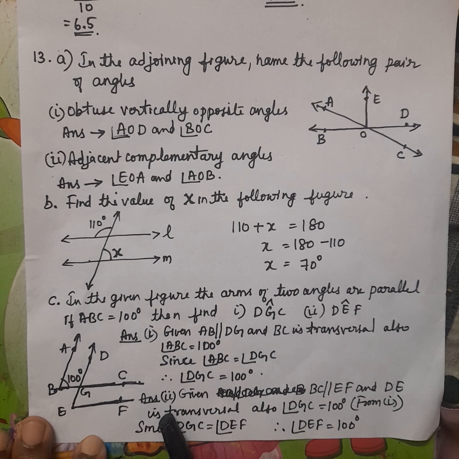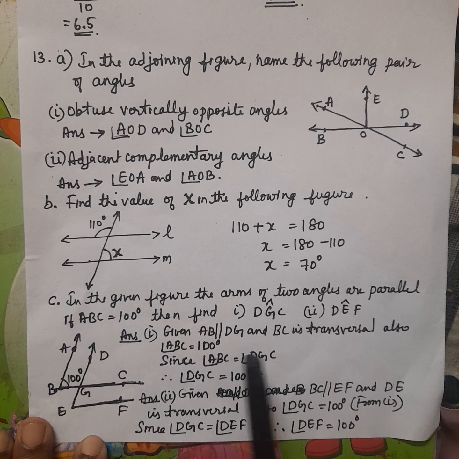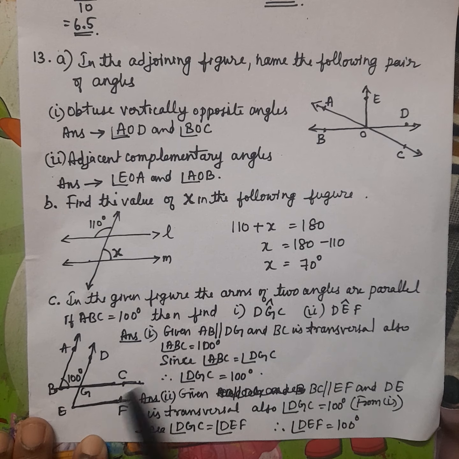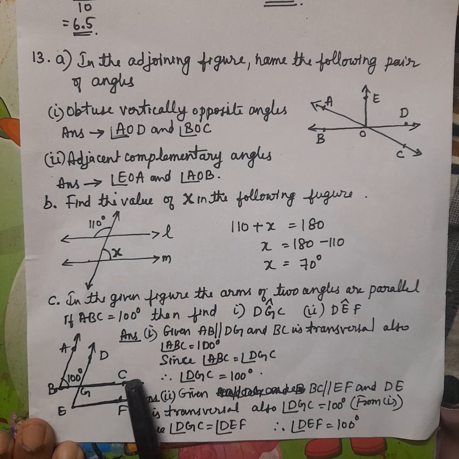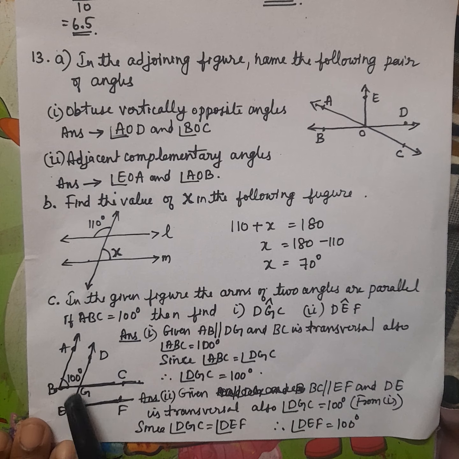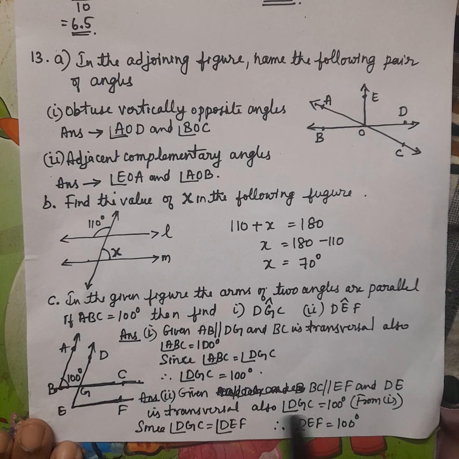The second question is angle DEF. We have to find the angle DEF. Given BC is parallel to EF, and DE is transversal here. So in this case, angle DGC is 100 degrees.